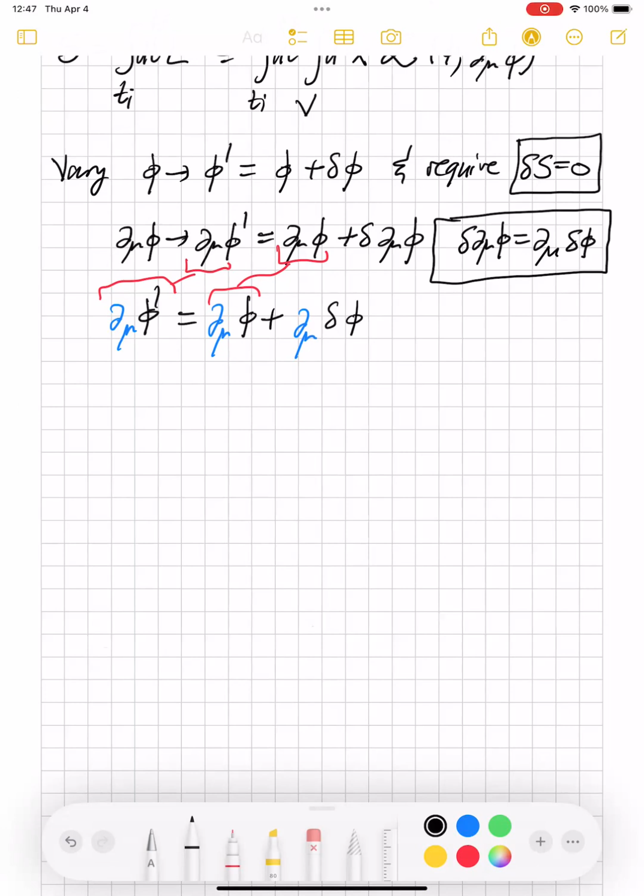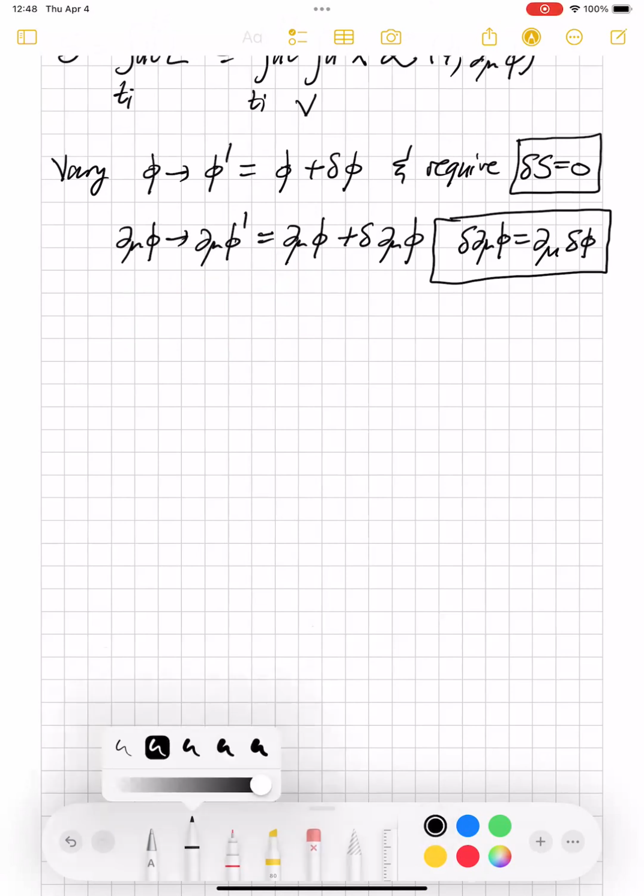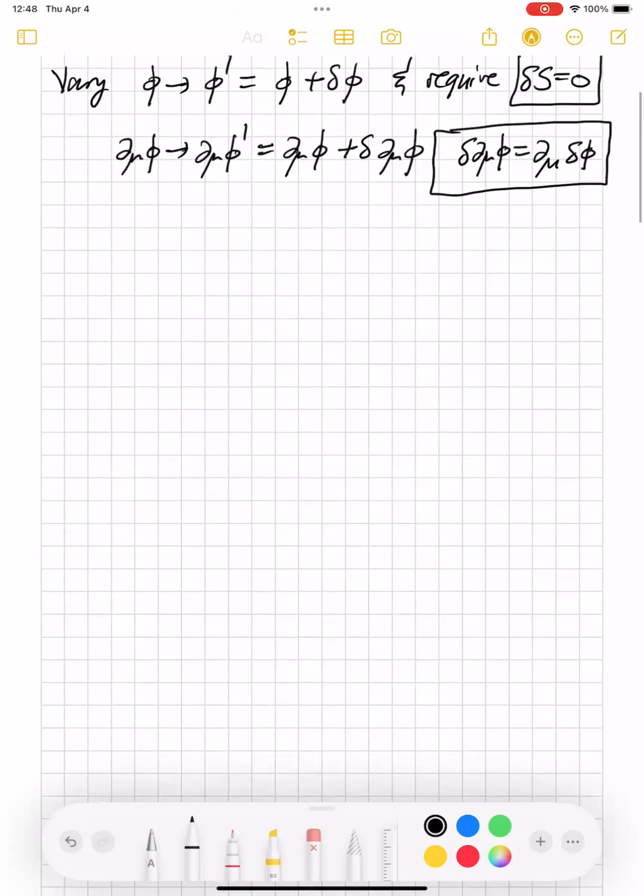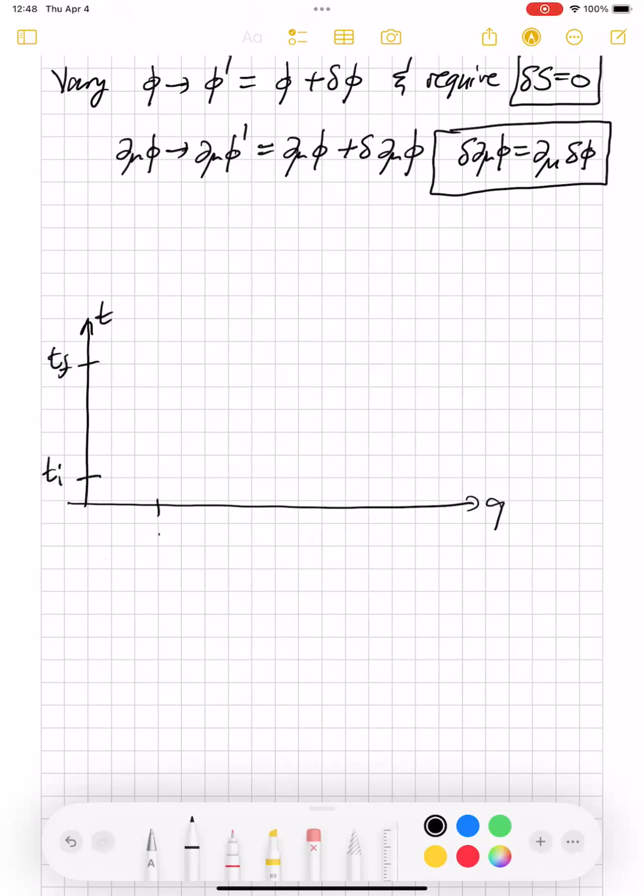Good. Okay, and now let's talk a little bit more about this variation. Now, let me just remind you of one thing that I think should be helpful. Remember when we were studying the particle? What we did, we had t, we had q. There we specified some initial time, we specified some final time, we had an initial position, and we had a final position.